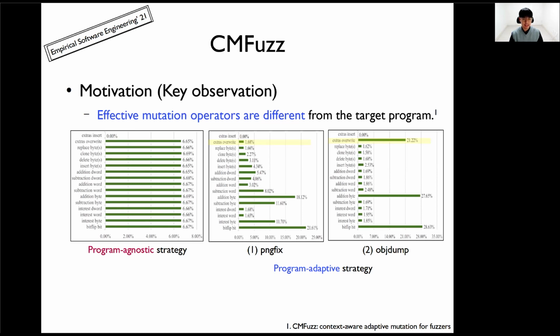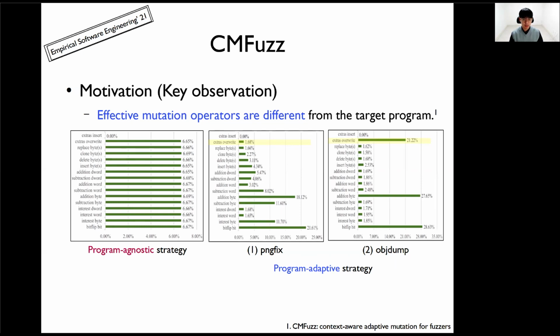They tackled the conventional program agnostic strategy, which generates mutants from the uniform distribution of sampling mutation operators and decreases the overall efficiency of fuzzing. They argue that each seed mutation strategy should be adaptively tuned for the target program and seed file format.